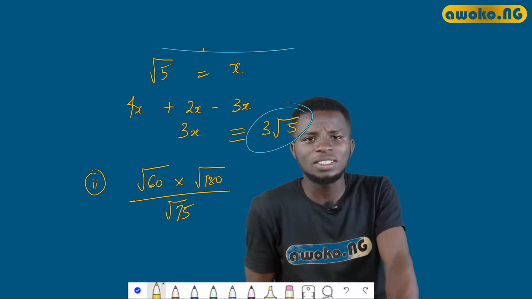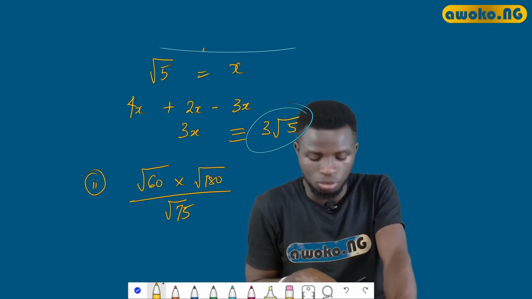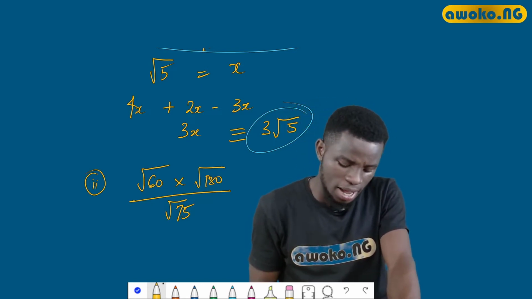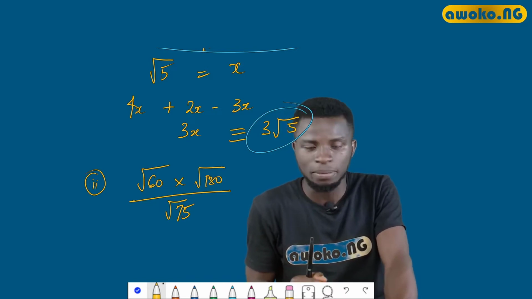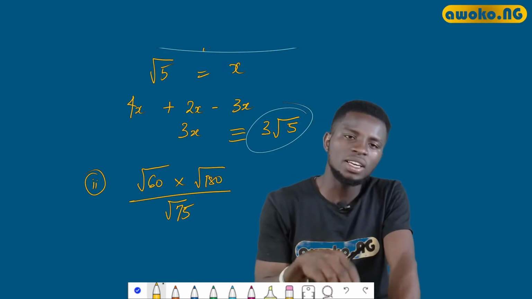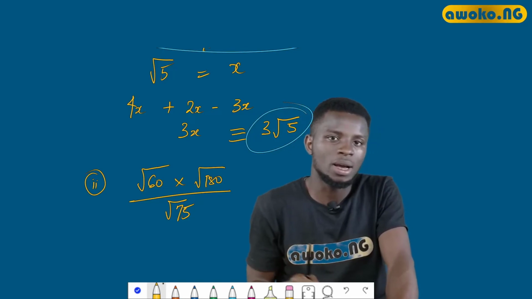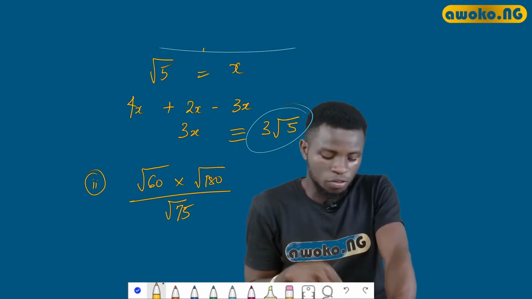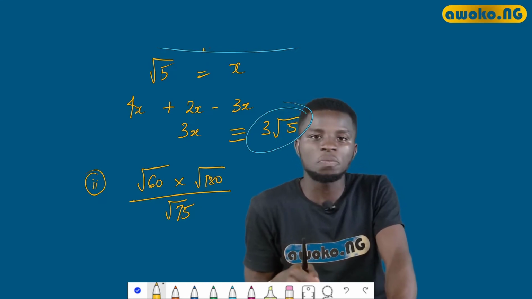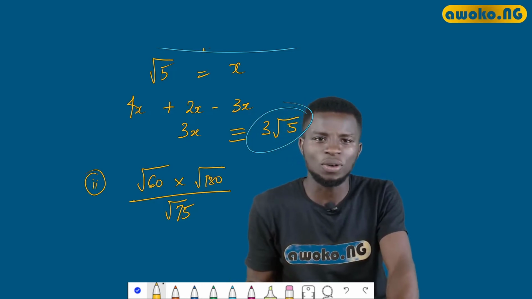Now looking at this, we can use two methods to solve this. It's either we multiply the numerators together to get a single term and divide it by the denominator, or we use the initial step that was taken in question 1 above, where we would find two factors of 60 in which one is a perfect square and the other is not. But let us just use the straightforward method.